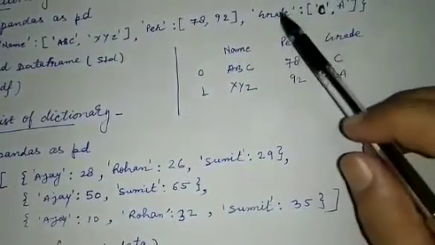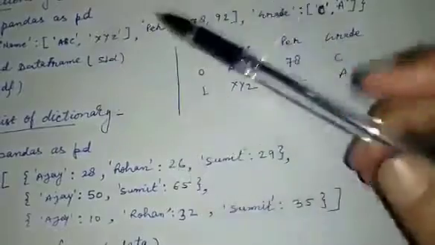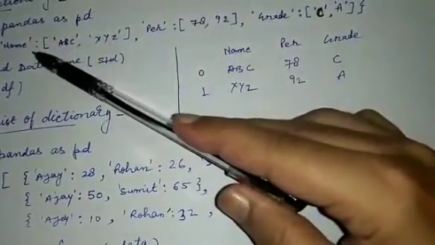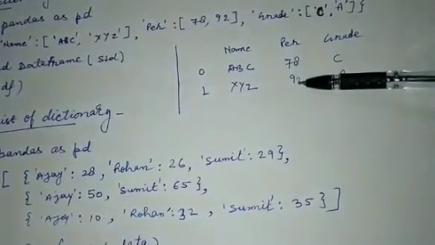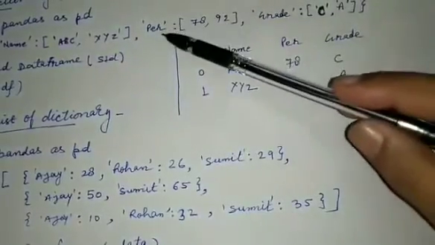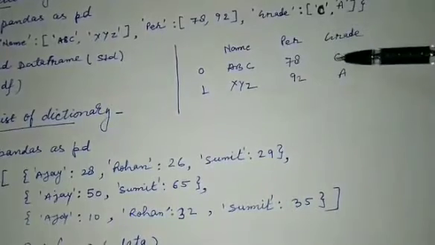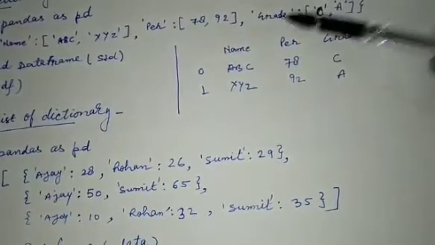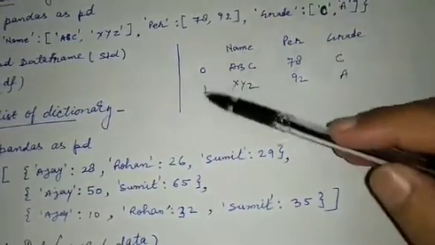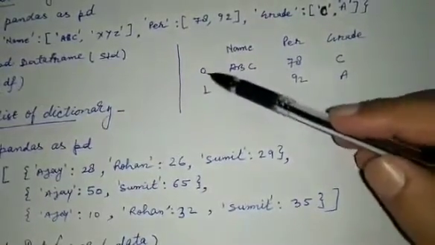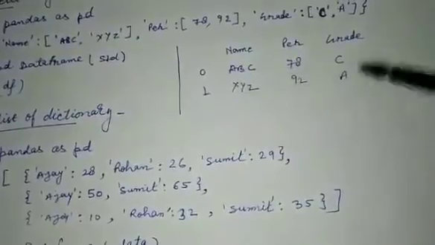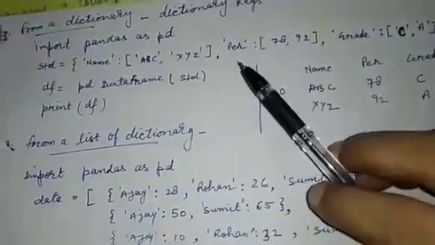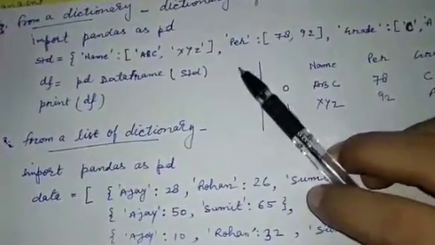Name, PER and grade are the keys of the dictionary and ABC, XYZ are the values for this key. 78 and 92 are the values for the PER key, and C and A are the values of the grade key. 0 and 1 will be provided as default index labels for the rows. So this is how we create a data frame using a dictionary.